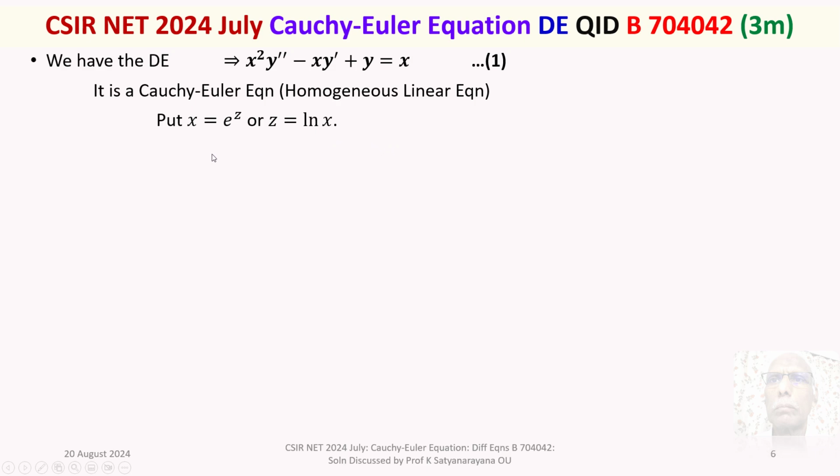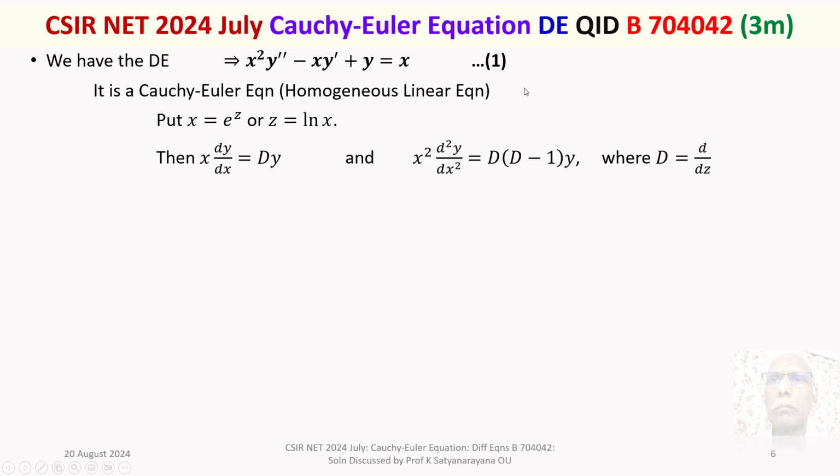Obviously, with this substitution, this differential equation will get transformed. So now what we see is x dy by dx is D y, where capital D is the derivative with respect to z, that is the differential operator with respect to z, and x square d square y by dx square is D into (D minus 1) into y.